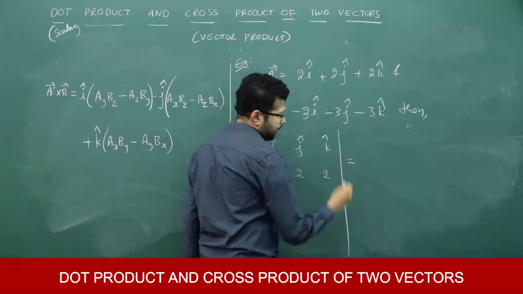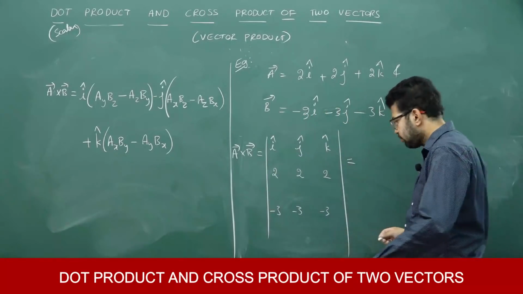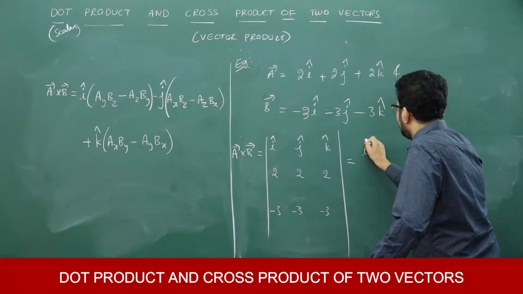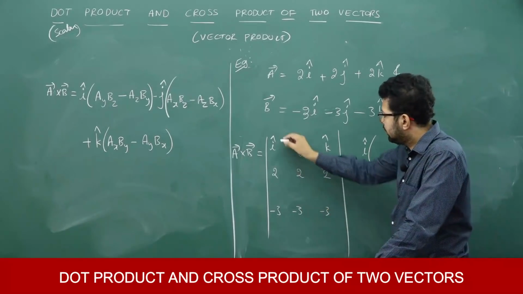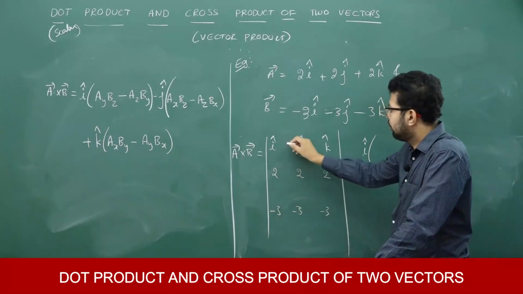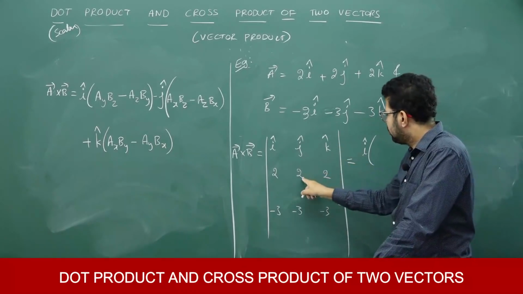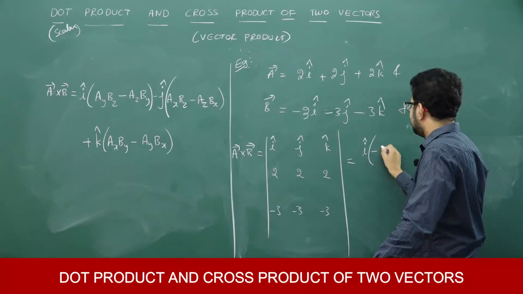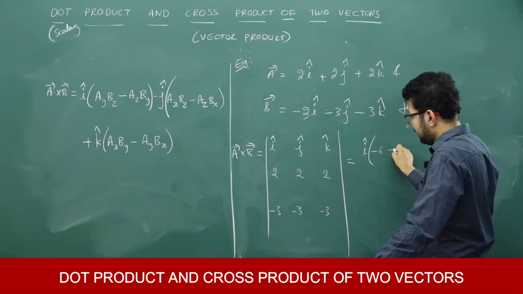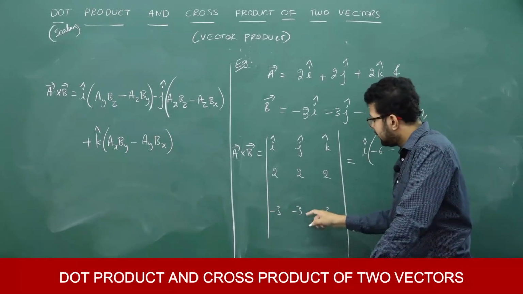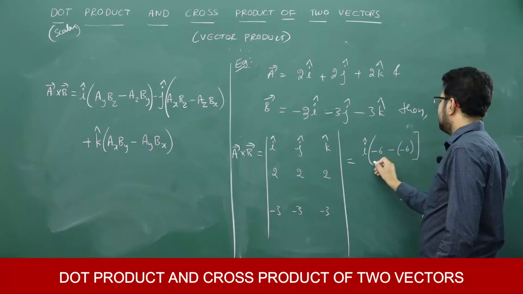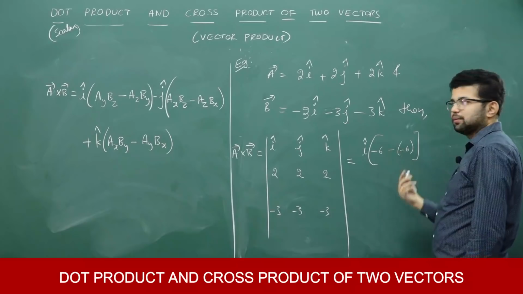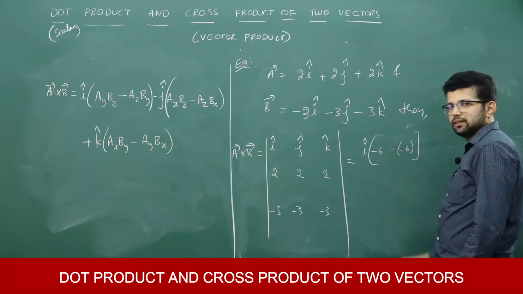So what happens? i cap into, leaving this column and row, 2 into minus 3 is minus 6, minus 2 into minus 3 is minus 6. Minus of minus 6 is plus, so minus 6 plus 6 is 0.